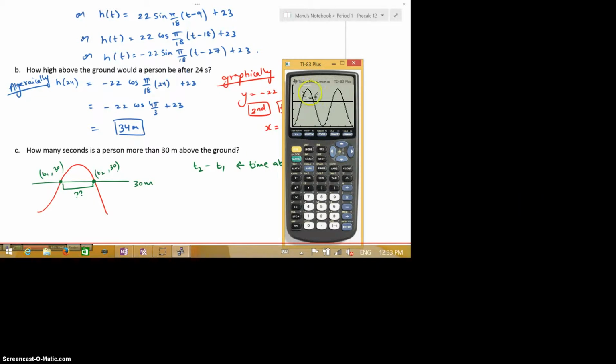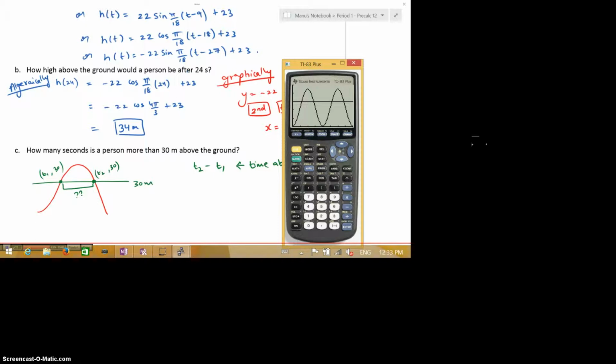The person was above the height of 30 meters at the first point of intersection. The person came back down to 30 meters or below at the second point of intersection. So whatever the time difference between here and here is, that's the time the person stayed above 30 meters.